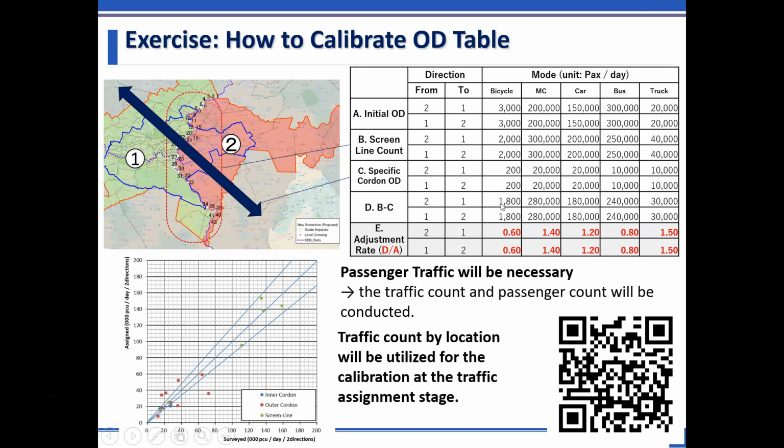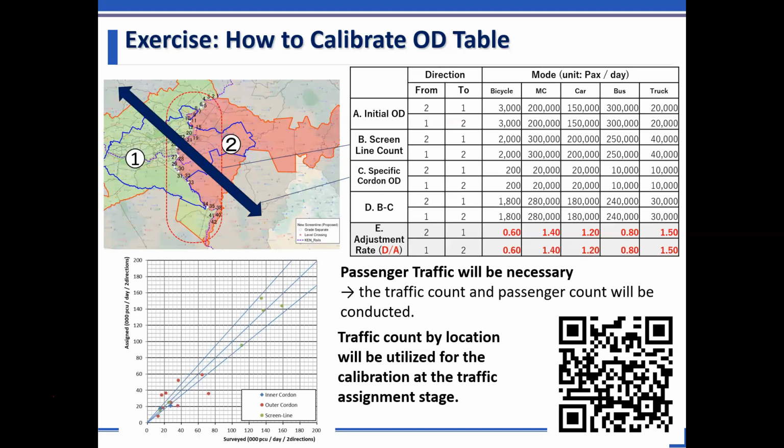So 1800 per 3000. As a result, 0.6 is the figure. According to the result of the survey form, most of you understand the question.